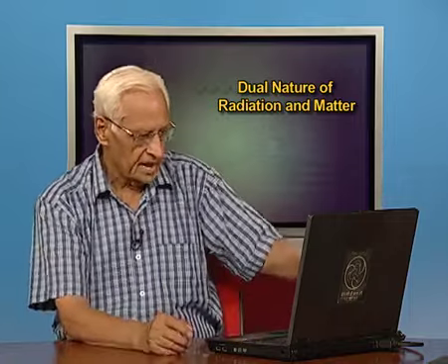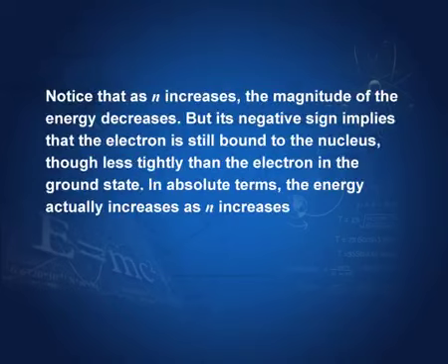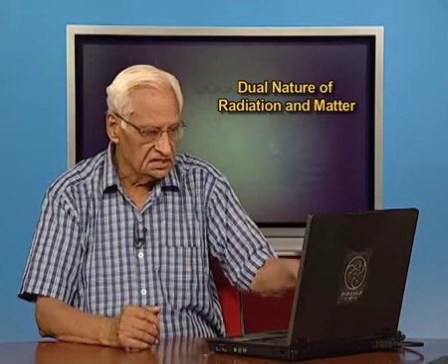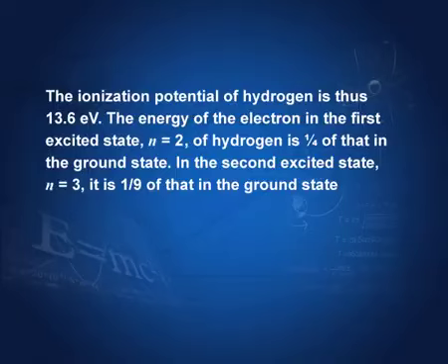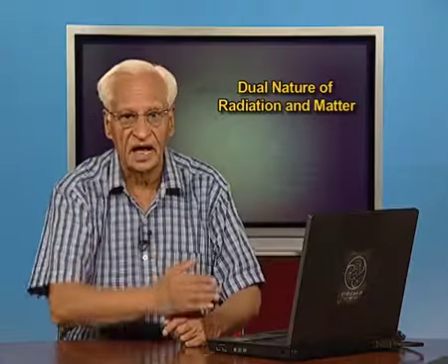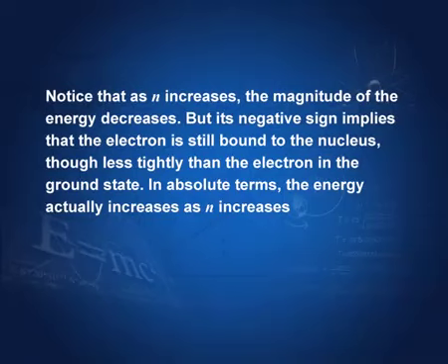Remember that it will be 1/4 of this for the second orbit, 1/9 of this for the third orbit. So, the magnitude is decreasing. However, since there is a negative sign here, the energies are negative, minus 13.6, minus 13.6 by 4, minus 13.6 by 9, the magnitude is decreasing, but the actual energy is increasing because of this negative sign.